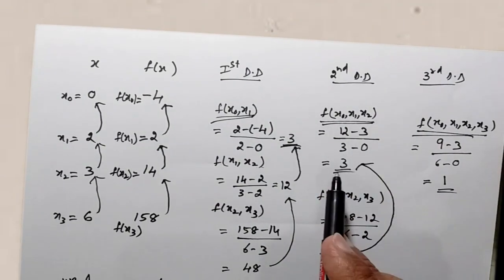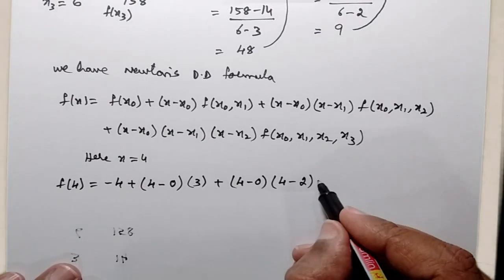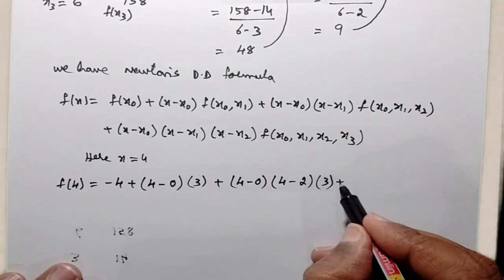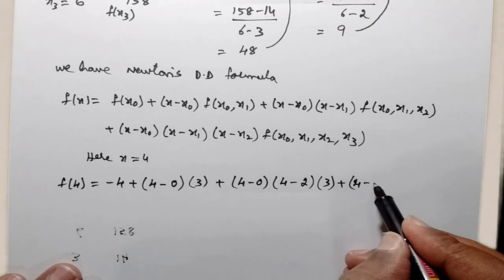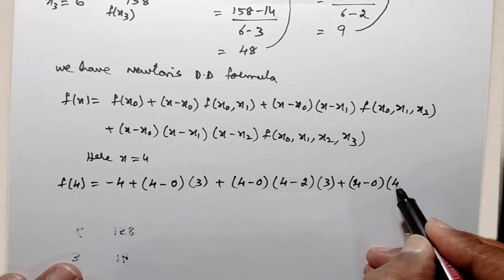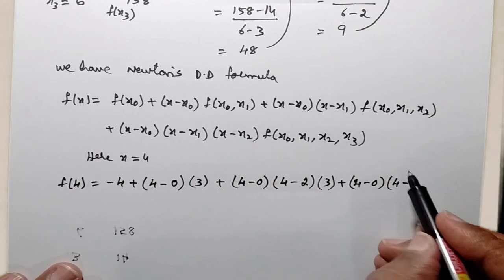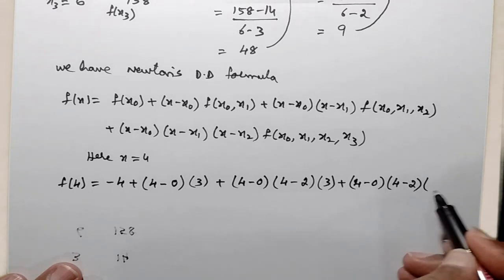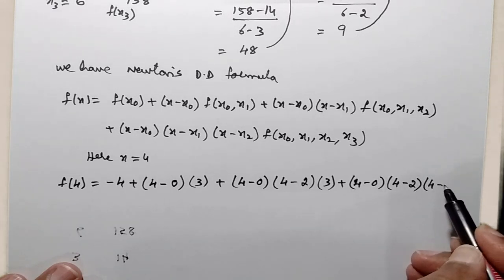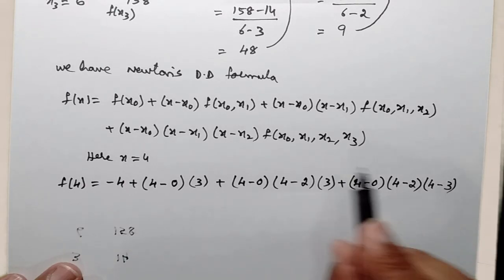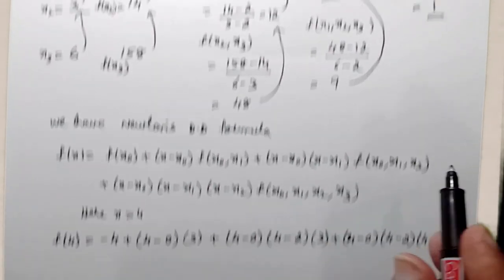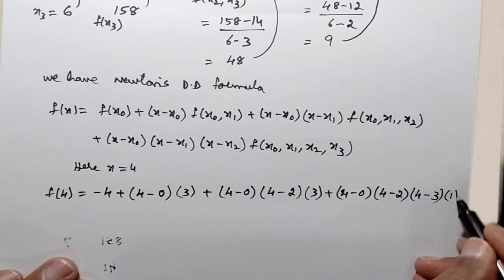Its value is 3. Next, x minus x0: x value 4 minus x0 value 0, x value 4 minus x1 value 2, x minus x2 value 3, into the function f of x0, x1, x2, x3. Its value is 1.